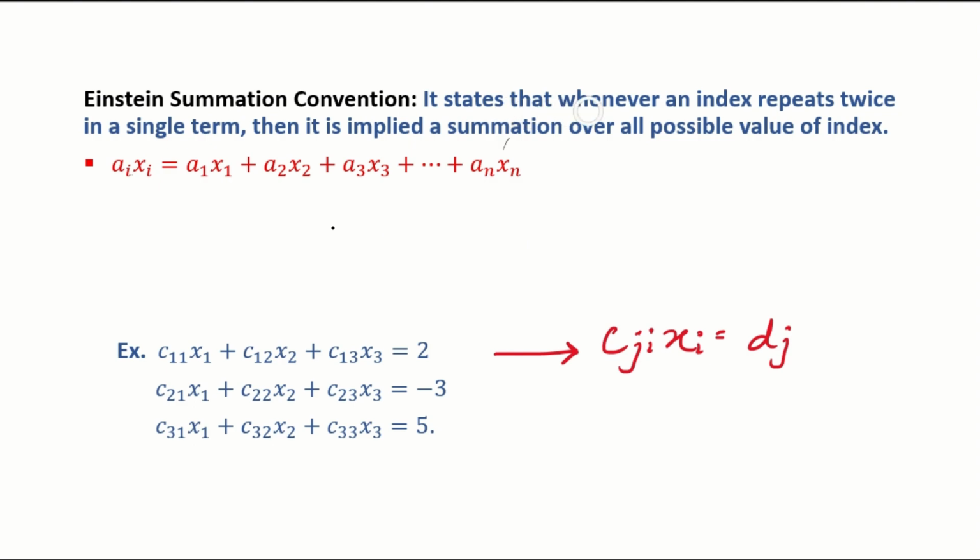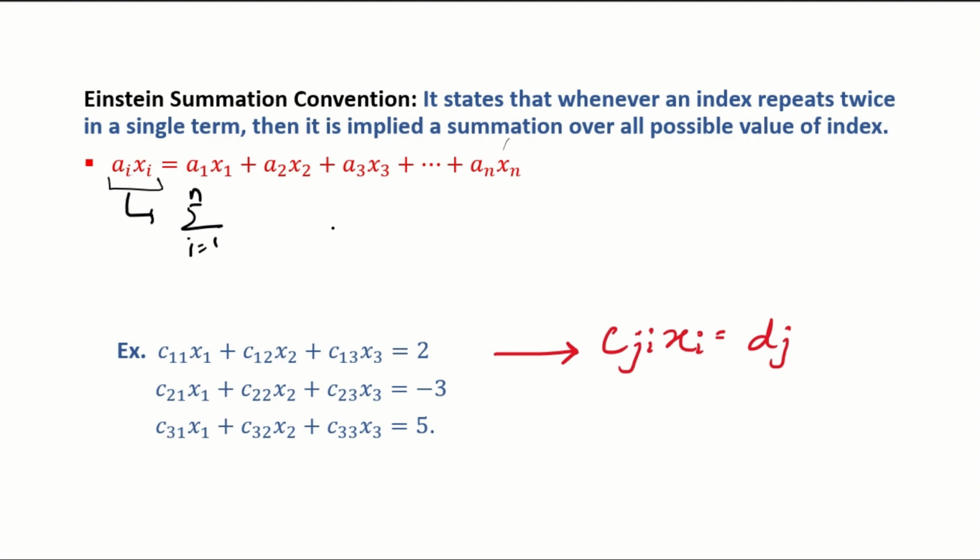It states that whenever an index repeats twice in a single term, for example, here I have written a subscript i, x subscript i. In this particular expression, as you can see, the index i is repeating twice. So that means it implies a summation over all possible values of the index. This will not represent a single term, but you will take a summation over all the possible values of i.